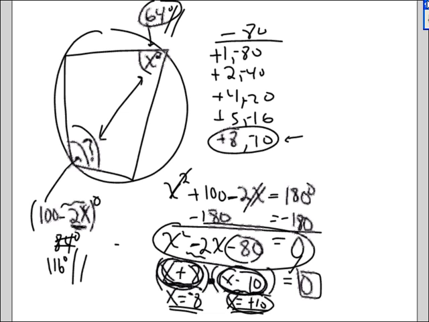Now, what if I use 10? If x is 10, 10 squared is 100, and 2 tens are 20, and 100 take away 20 is 80. And 100 and 80 add up to 180. So in this problem, you have two answers.